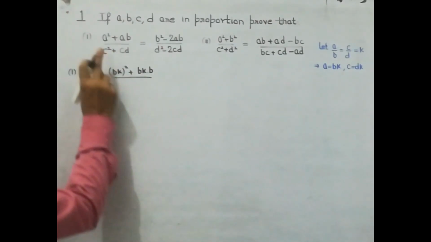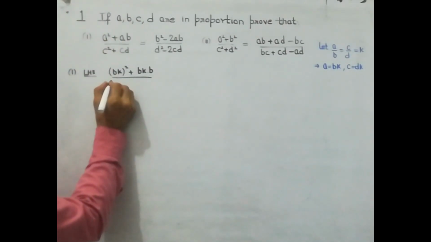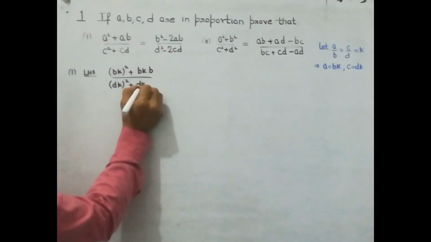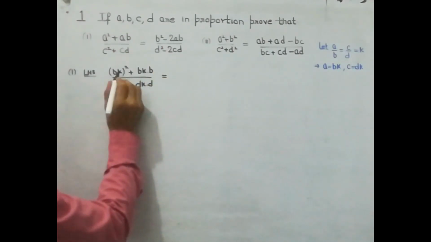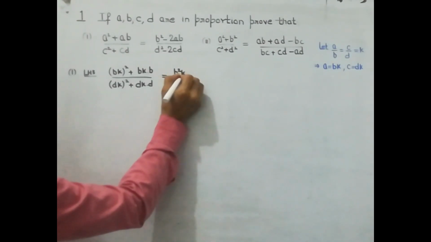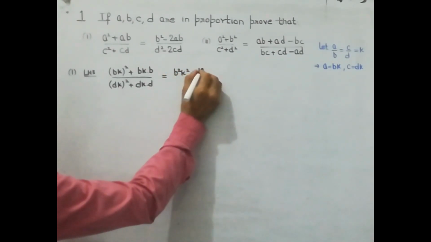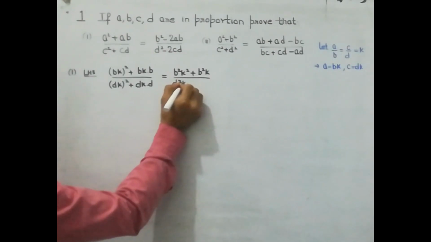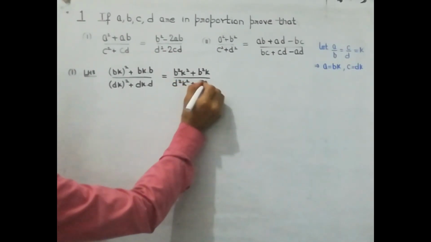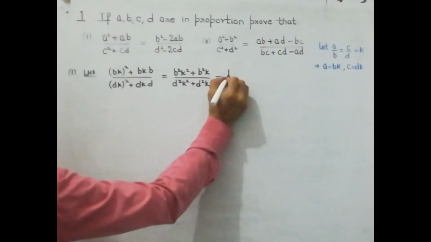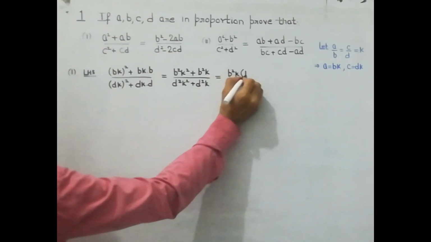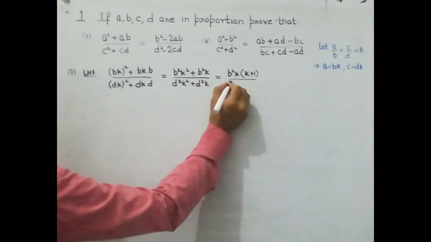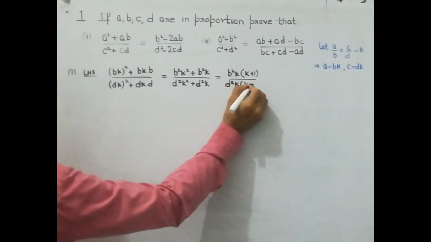In the numerator place we have replaced A and now we have to replace C. When we solve this, we get B square K square plus B square K upon D square K square plus D square K. Here you take B square K common, so you are left with K plus 1, and in the denominator you take D square K common, so you are left with K plus 1.